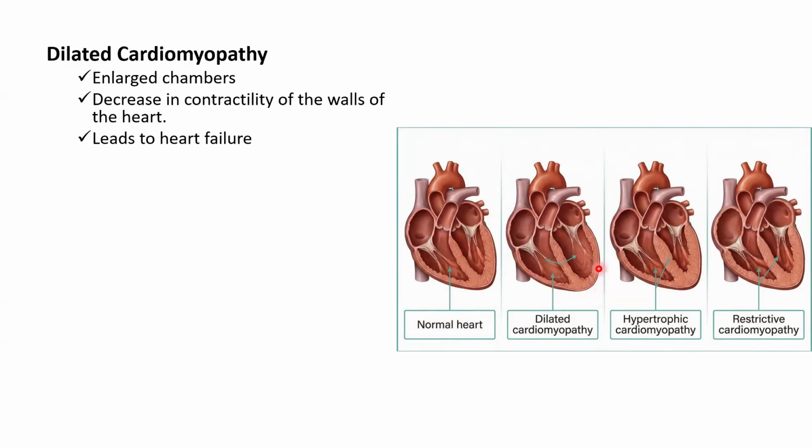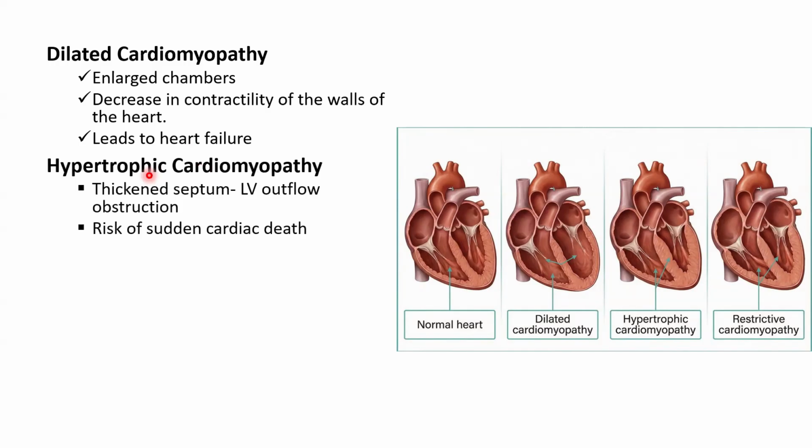Due to the dilatation, there is decreased contractility of the walls of the heart muscles, leading to heart failure. Hypertrophic means thickened heart muscles, especially the septum, which can lead to cardiac death.